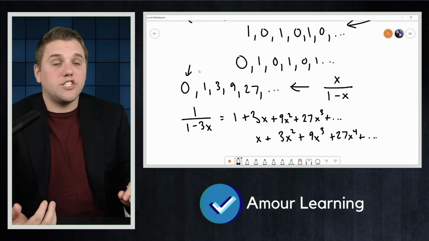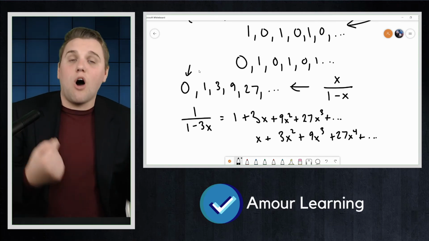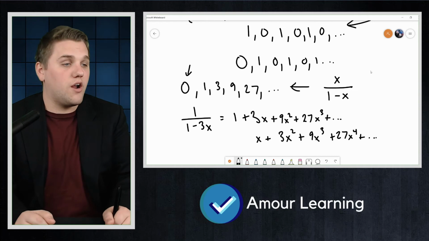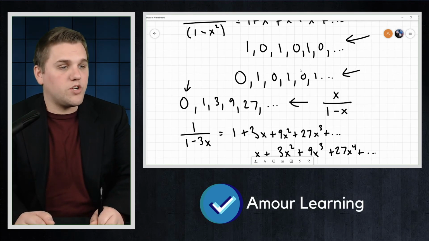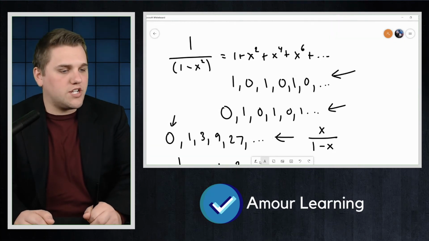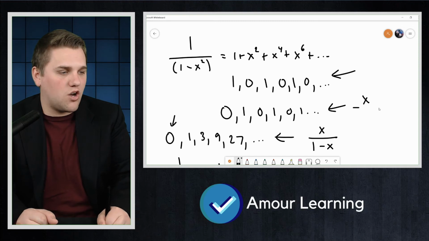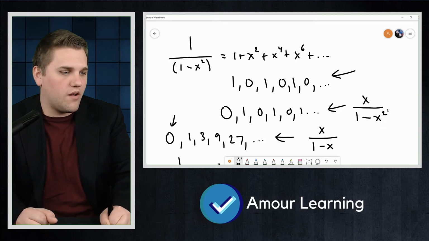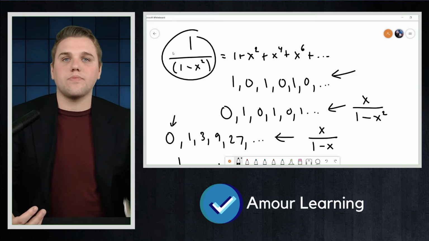So if we want to stick a 0 in front and shift everything over, we just need to multiply by x. This will also work to get the generating function for 0, 1, 0, 1, 0, 1, and so forth. We just have to multiply by x, which means that this sequence is generated by the function x over 1 minus x squared, which is that function multiplied by x.